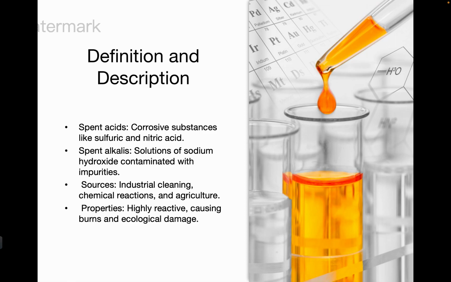Their high reactivity and corrosiveness make them particularly dangerous, capable of causing burns and damaging ecosystems. Understanding the sources and characteristics of spent acids and alkalis is essential for devising effective management and treatment strategies. Let's now explore how these substances impact our environment and health.